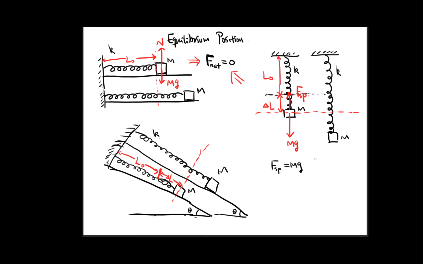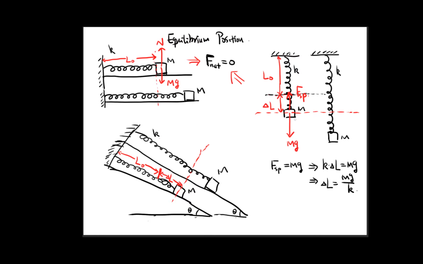Since the spring has an additional stretch of delta L, k times delta L equals mg. So that gives us the solution delta L equals mg over k. And that can be used to identify the equilibrium position, which is shown again using this red dashed line.